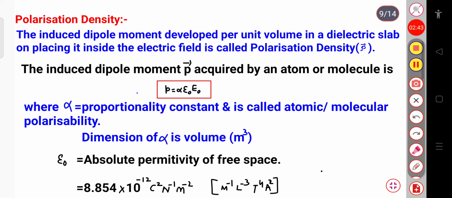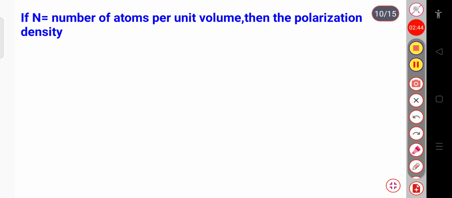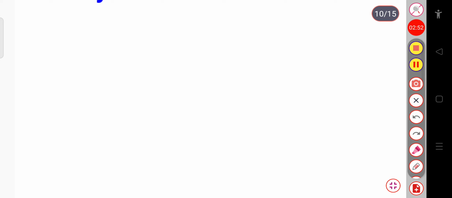Okay, so if N is the number of atoms per unit volume, then the polarization density P vector can be represented as N into alpha epsilon naught into E naught.